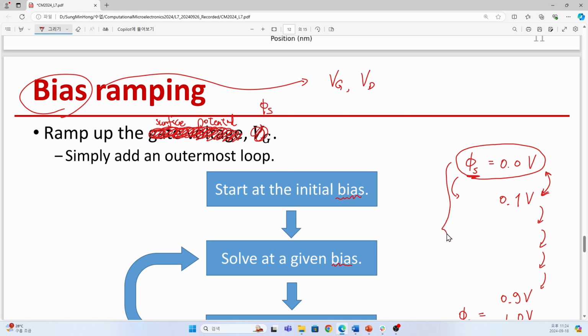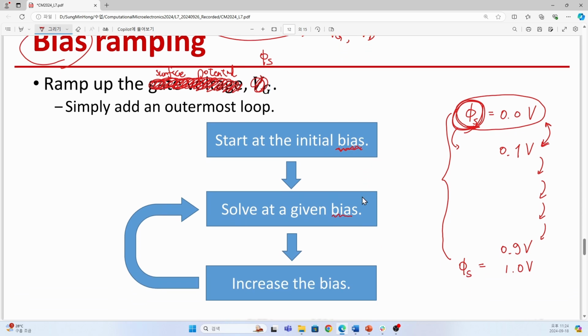So my selection of surface potential as the boundary condition is quite special, only for this problem. So don't misuse or misunderstand this term bias.